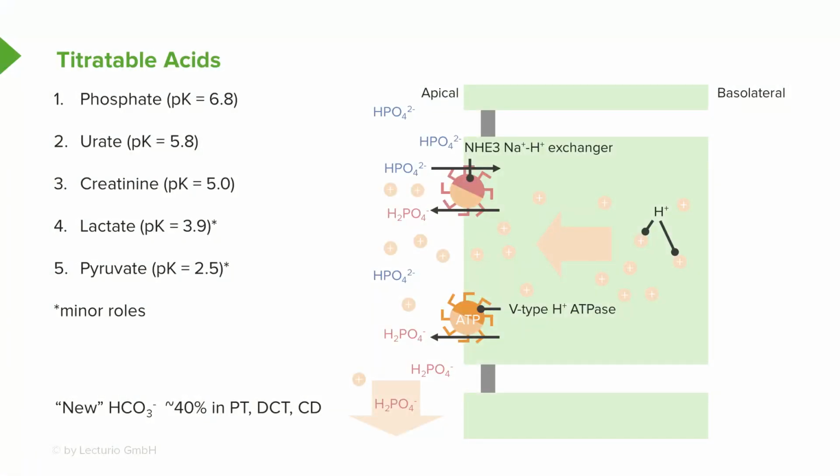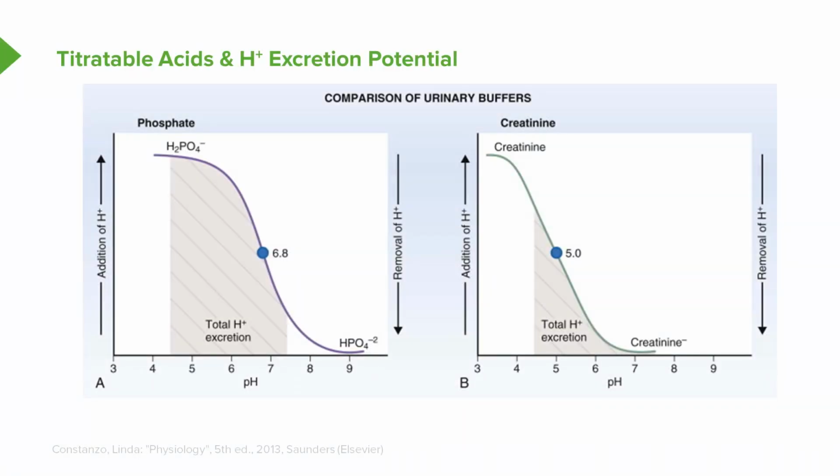With titratable acids, you can make new bicarb in the proximal tubule, the distal convoluted tubule, and the collecting duct. You make about 40% of your new bicarb using titratable acids: phosphate, urate, and creatinine. Which one are you going to use?